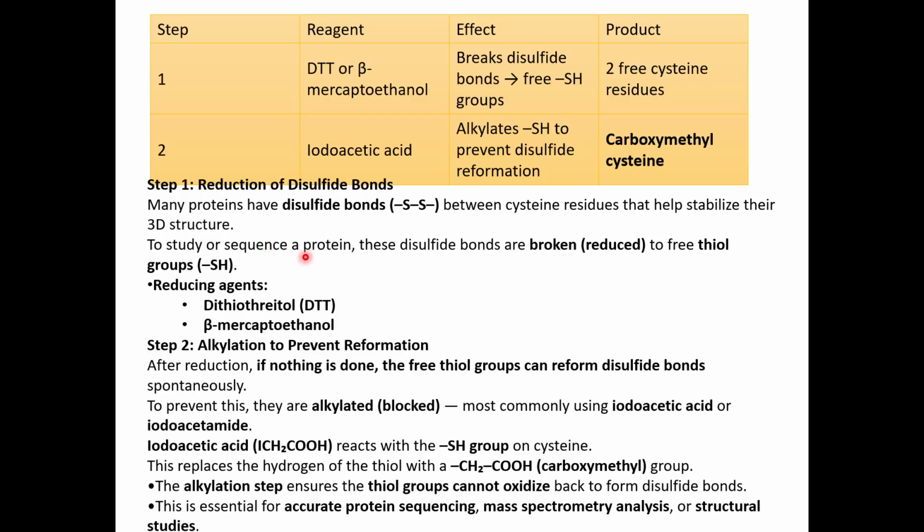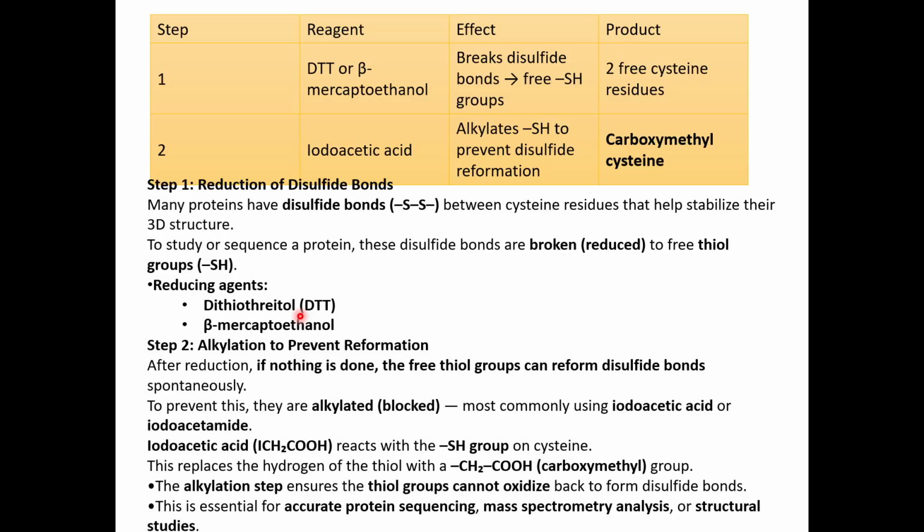To study or sequence a protein, these disulfide bonds must be broken, or reduced to free thiol groups, that is the SH group. So we use reducing reagents like dithiothreitol, that is DTT, or beta mercaptoethanol.